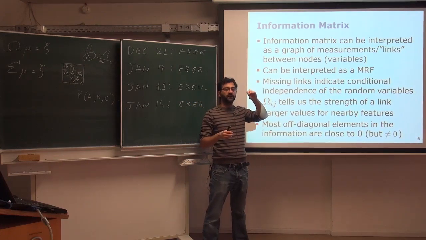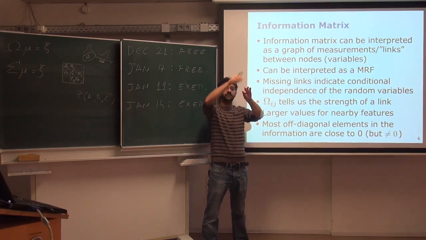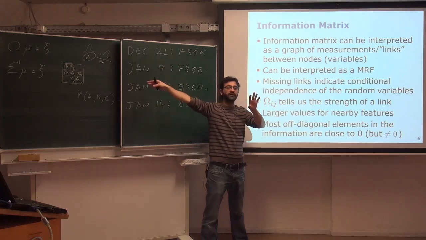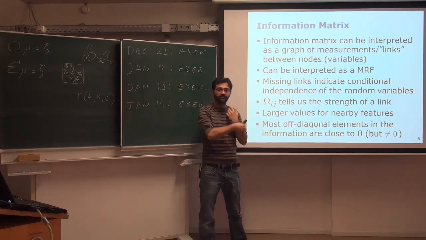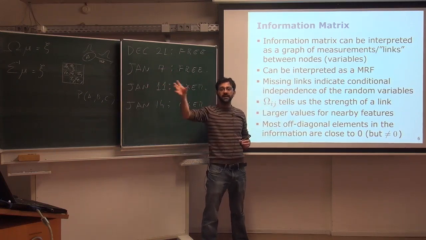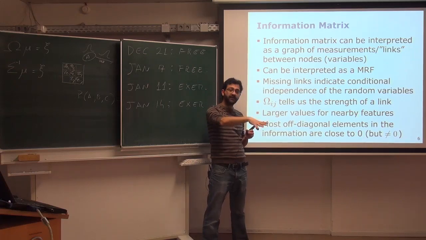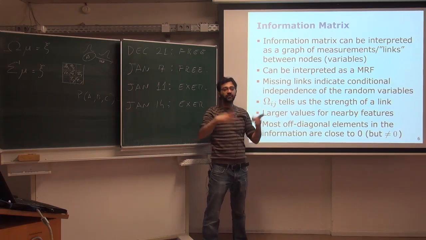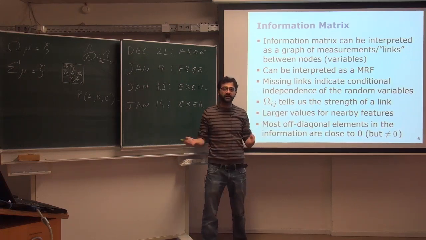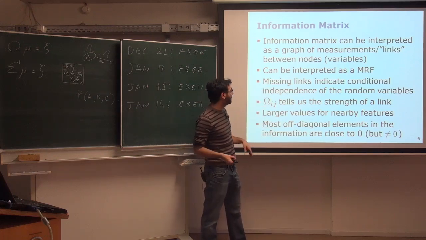So if you take one variable and condition it on just the blanket, the one around it, this variable is independent of all the others. Okay, so that's the concept. And basically it means if there is a 0 in the matrix, there is no link in the graph. Therefore, these two variables are conditionally independent, conditioned on the Markov blanket.